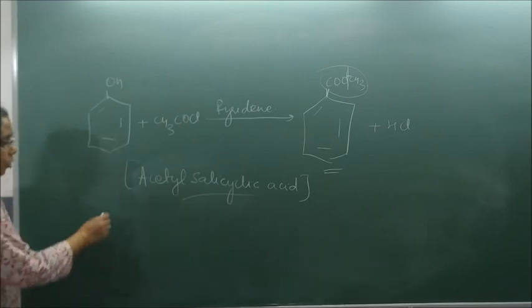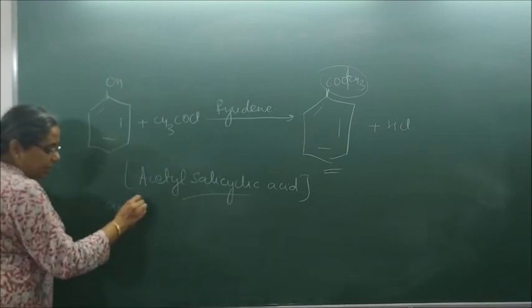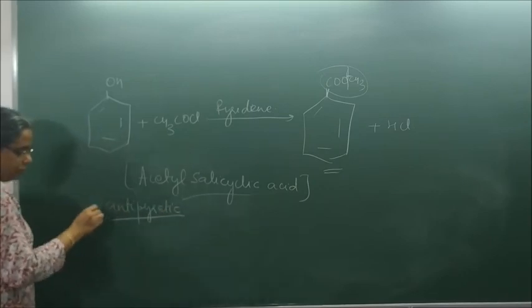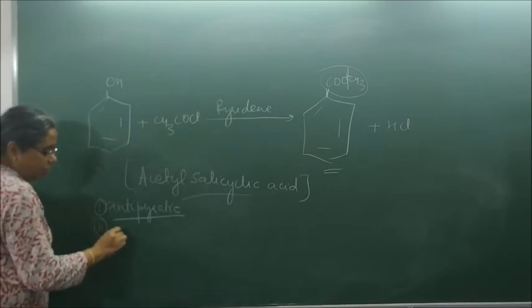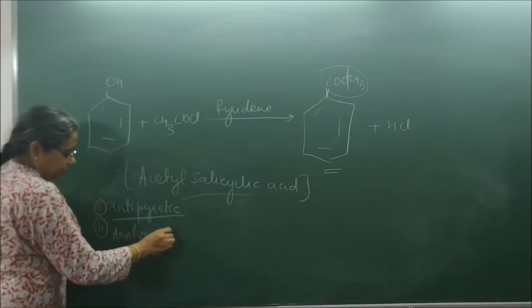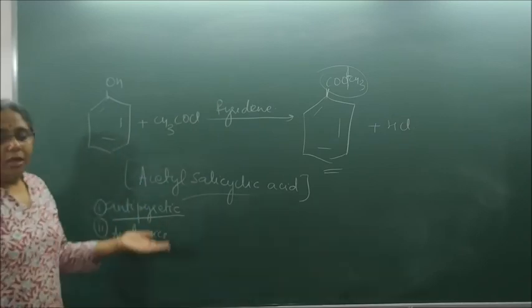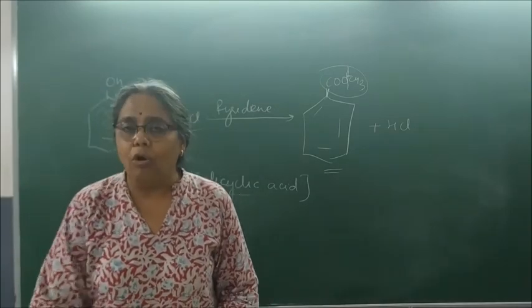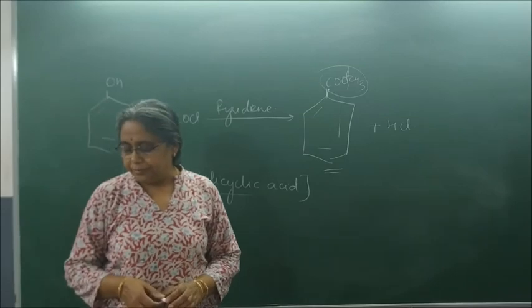It is used both as an antipyretic, that means it brings down the temperature or fever of the body, and it is also used as an analgesic. Okay, so we have to prepare acetyl salicylic acid or aspirin. Please write.